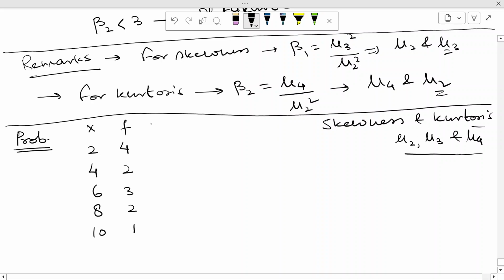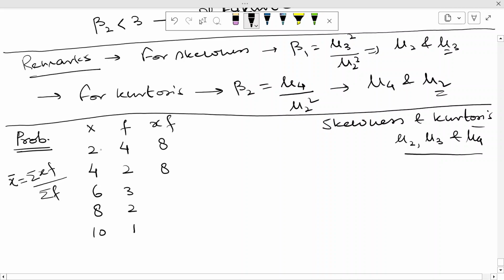So first of all, we try to find out the mean of this data. Because we have observations and their corresponding frequencies, the formula of mean will be summation xf over summation f. So we first find xf, the product of each observation with the corresponding frequency.